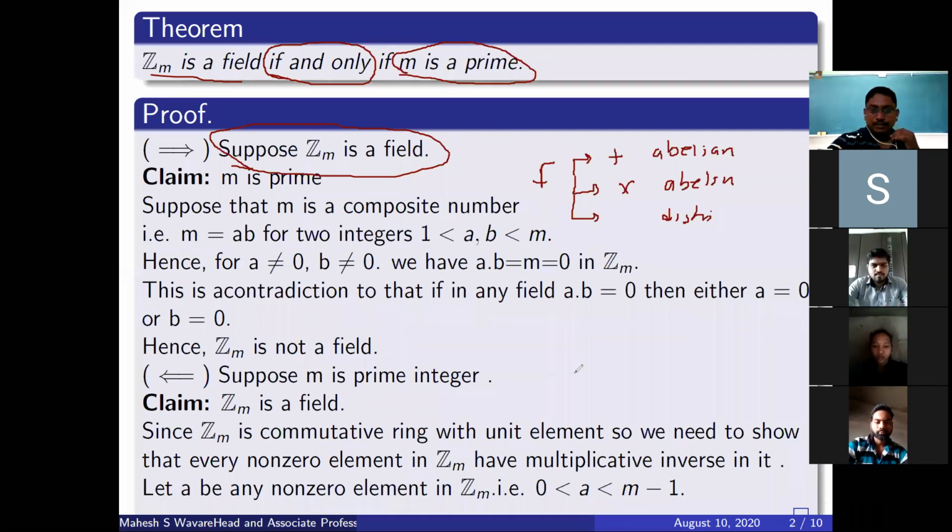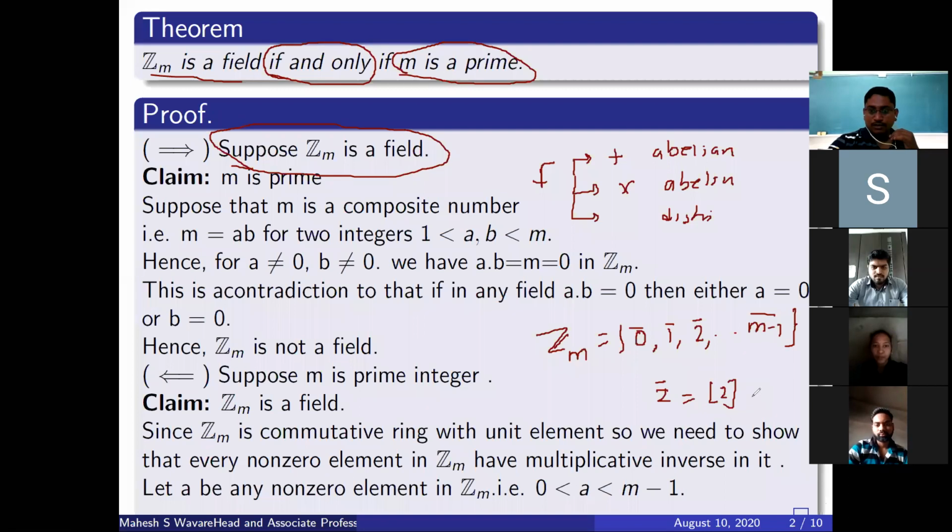Now look at this Zm carefully; we have seen examples previously. This Zm is 0, 1, and so on. In field theory, we do not necessarily put the bar. Just keep in mind, this is not an element, it's a class. This 2 bar is a class in the set of integers.